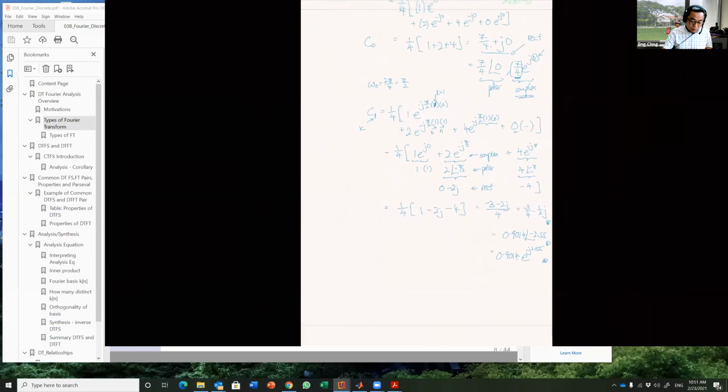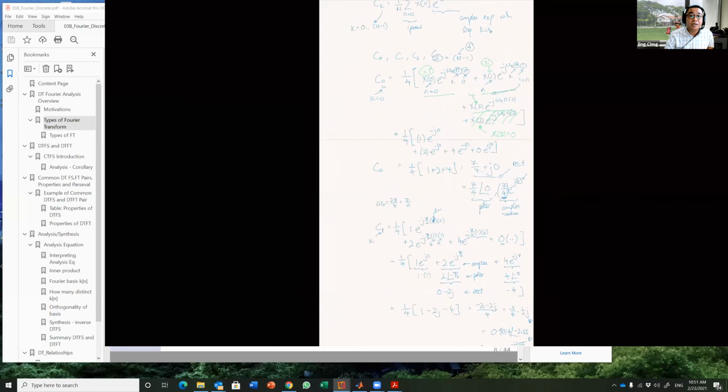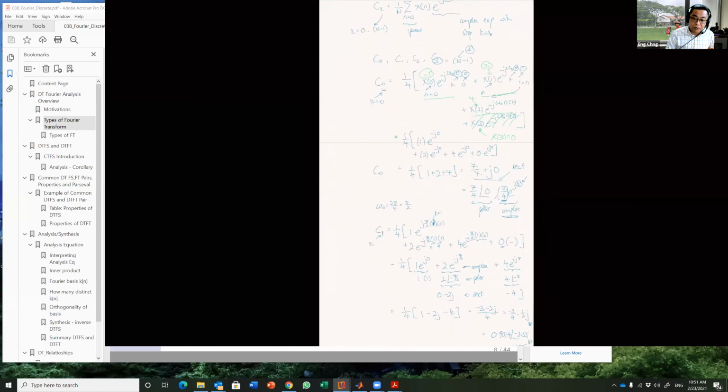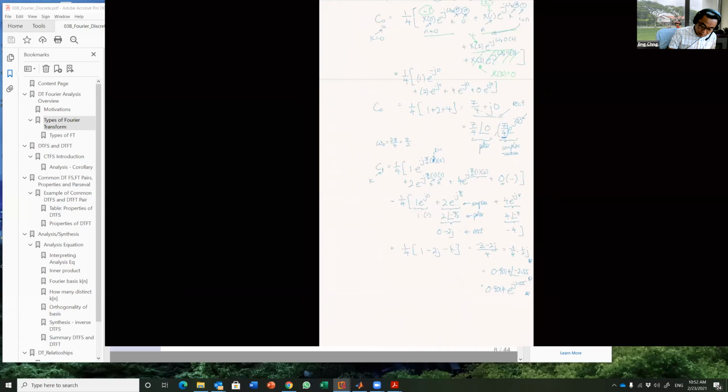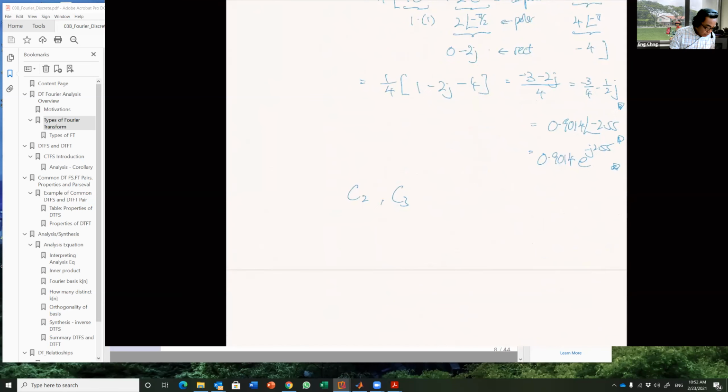Okay, so you'll see that we took a few steps to get from the equation of Ck all the way to C0 and C1, and then the rest is, of course, very mechanical. You have to deal with C2 and then C3. I'll tell you the answer now for C2.